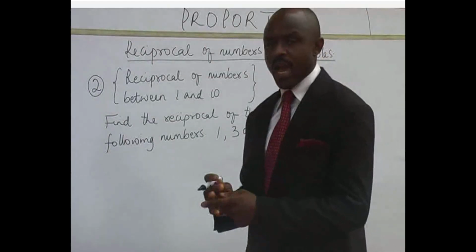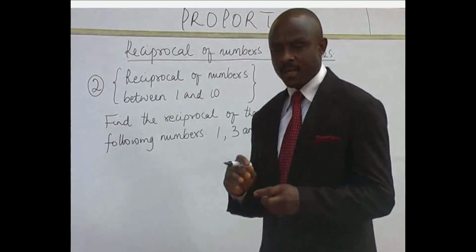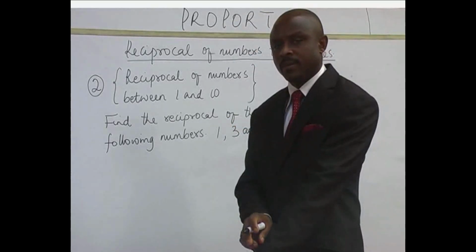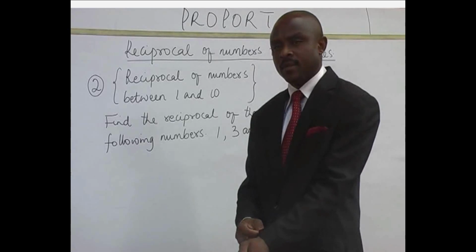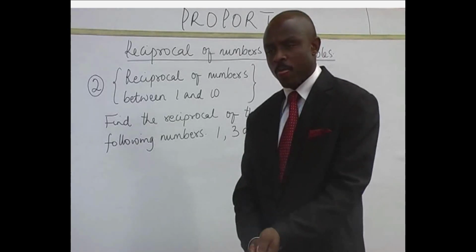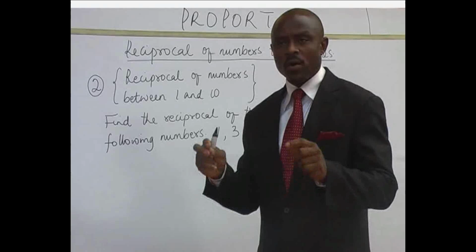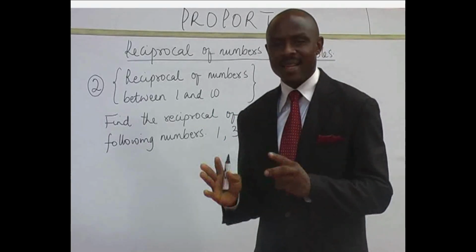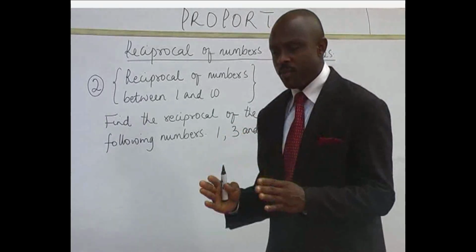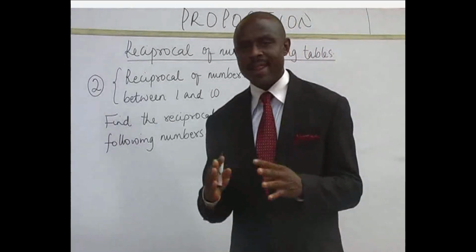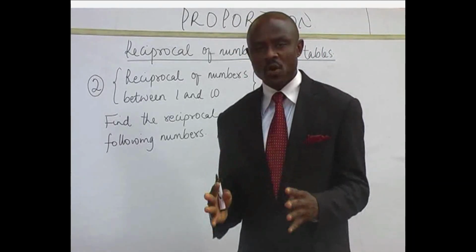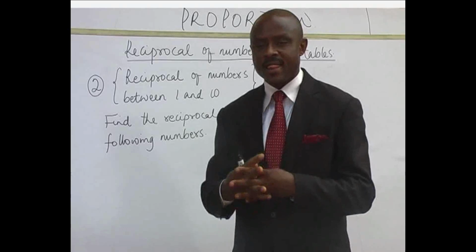We are into a different concept now. The second concept. I told you we'll be looking into reciprocals of numbers less than 1, reciprocals of numbers between 1 and 10, and reciprocals of numbers more than 10.